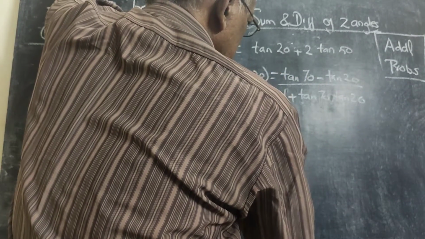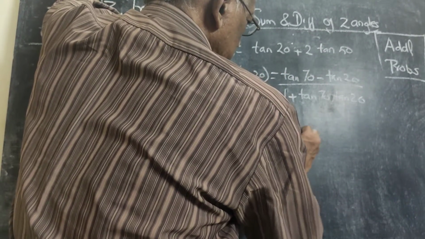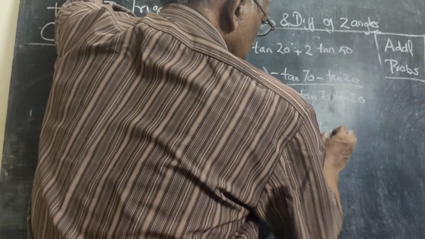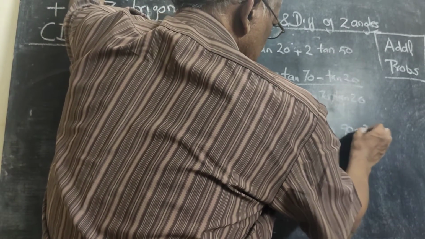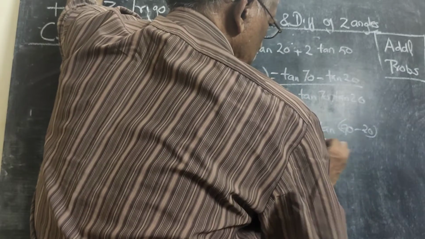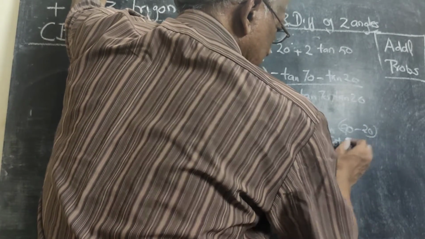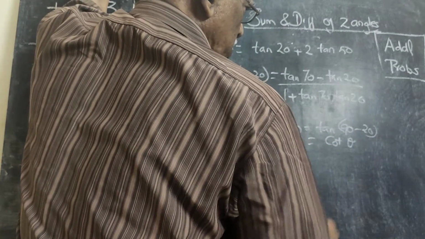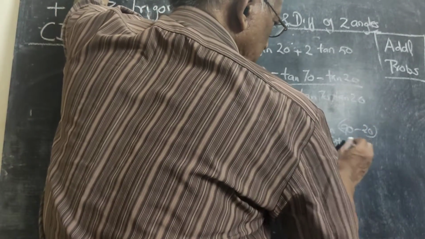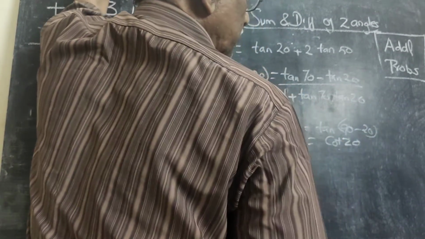So we know that tan 70 equals tan of 90 minus 20, first quadrant. So tan 90 minus theta becomes cot theta, and first quadrant is positive. So instead of tan 70, you can write cot 20.